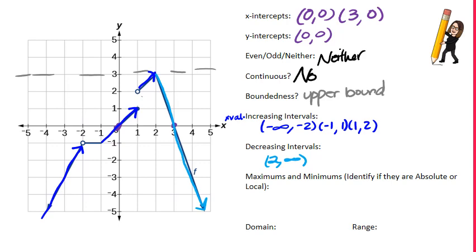Maximums and minimums. Identify if they're absolute or local. Let's look at tops of curves and bottoms. I definitely have a top right up here. So at 2, 3, and it's also my upper bound, so that's going to be an absolute maximum. If I look at my absolute minimum, this graph is going forever down.